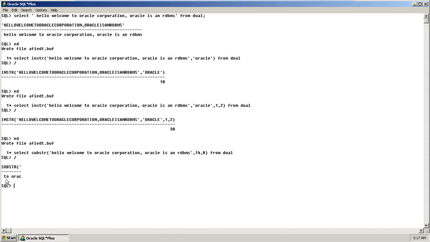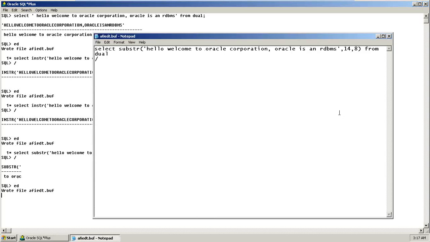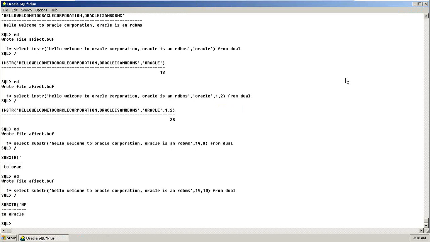See? Otherwise I am giving the 15th character. From the 15th character, 10 characters length I want to display. See, this is the 15th character, then 1, 2, 3, 4, 5, 6, 7, 8, 9, 10. The 10 characters left within the given string.